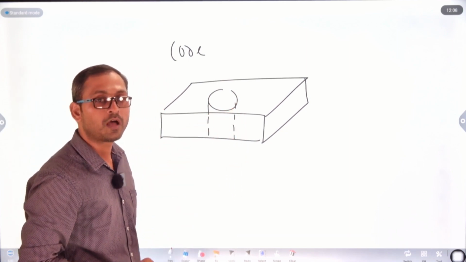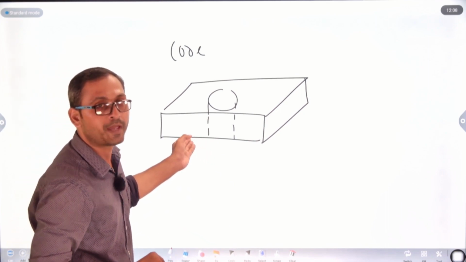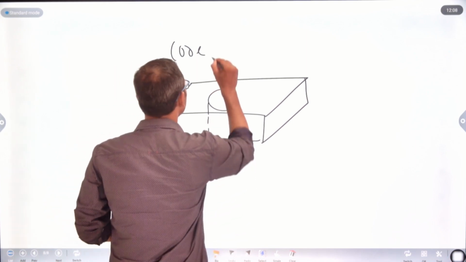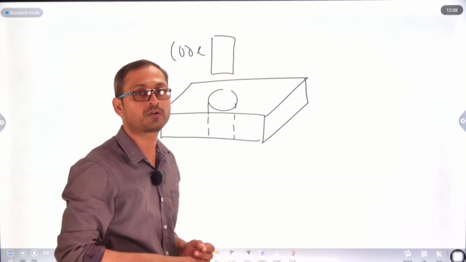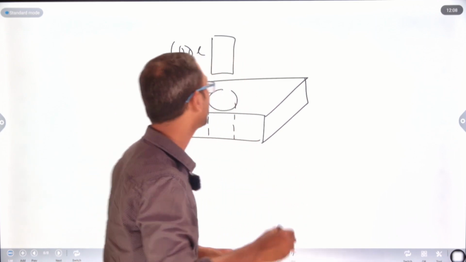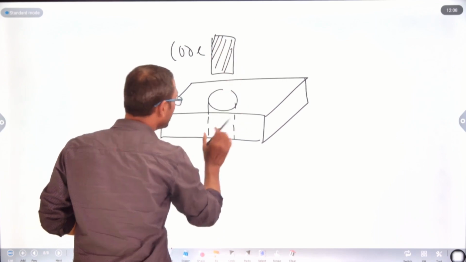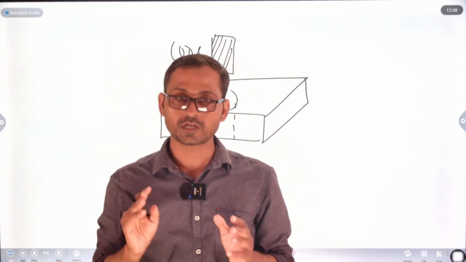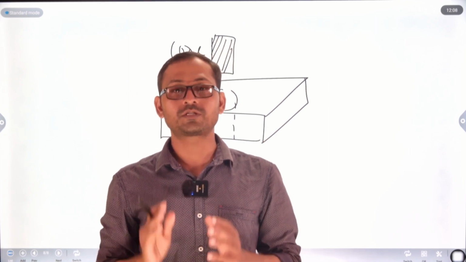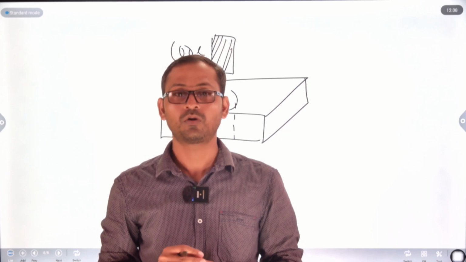So how do we create the hole? Pattern cannot make it. So with the use of a cylindrical core, we insert a cylindrical core in the mold cavity. This is the solid one. That will create a hole in the final casting. This is the use of core. Core is used in the casting process to create a cavity or a hole.